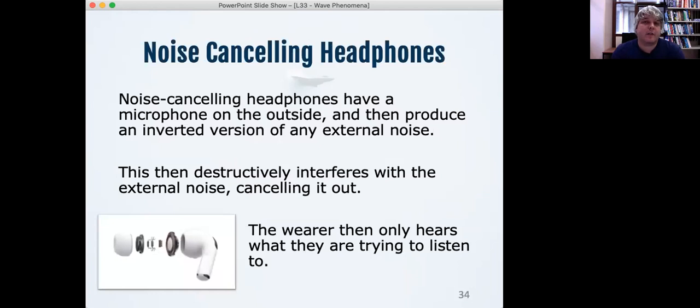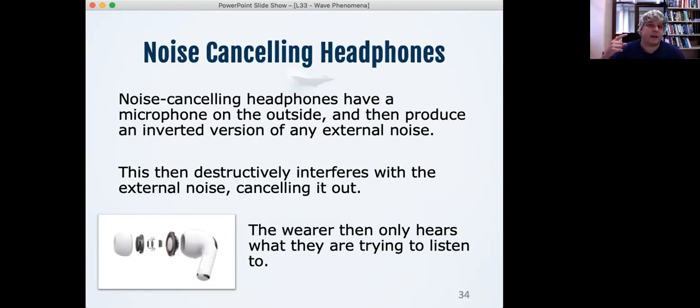Noise cancelling headphones, these are quite common and they're becoming more popular as time goes on and technology gets better. Noise cancelling headphones take a little microphone from the outside of the headphone that can hear. The microphone receives sound waves coming towards the headphone from other sources. So you might be outside and there might be someone playing a stereo over the road and you don't want to hear that.